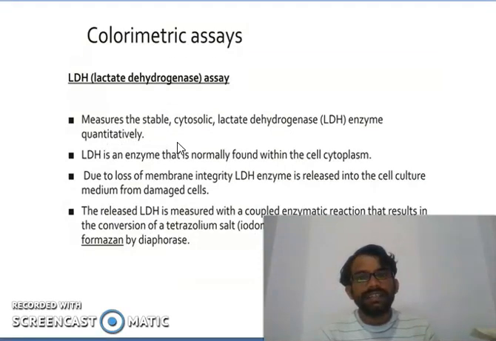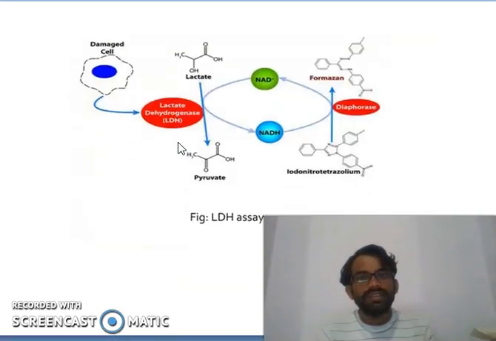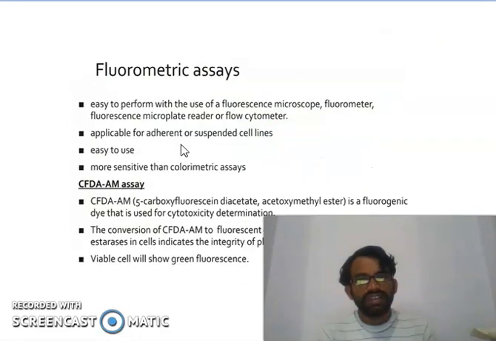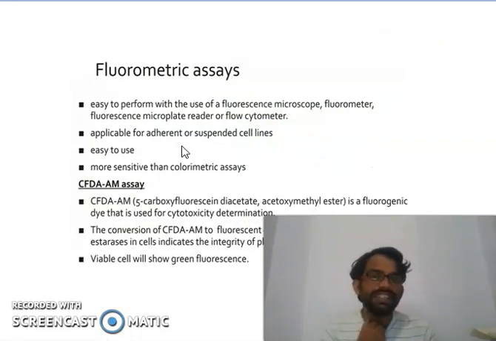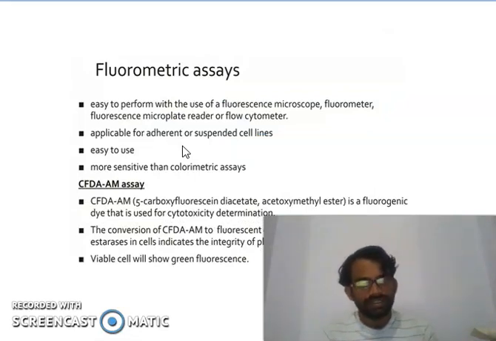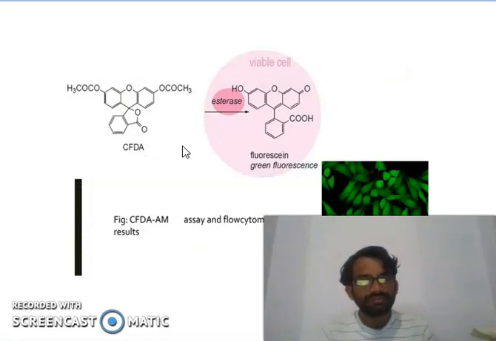Next you can see the LDH assay, and then the fluorimetric assay is one of the methods to do the cytotoxicity experiment. Next is fluorescence; you can see the figure shown here.